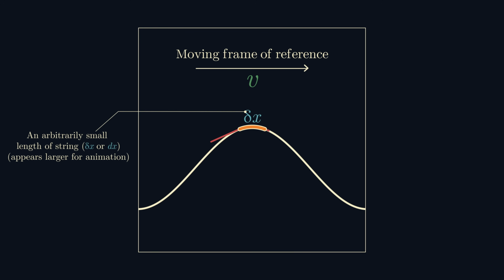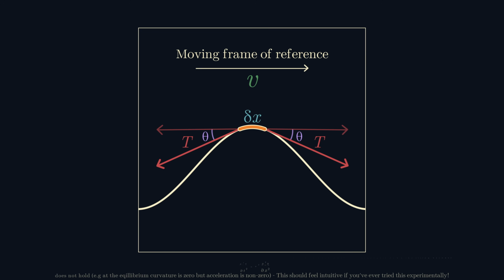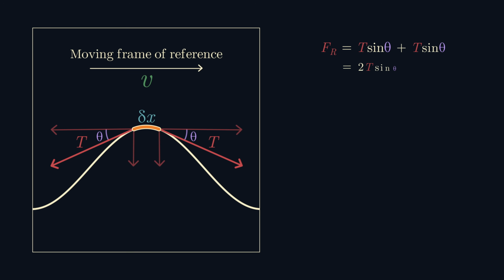We can label the 2 tension forces acting on each side of the string. The horizontal components cancel out, and the vertical components add together to give a resultant force of 2T sin theta. Using Newton's second law, F equals ma, we now have an expression for acceleration.